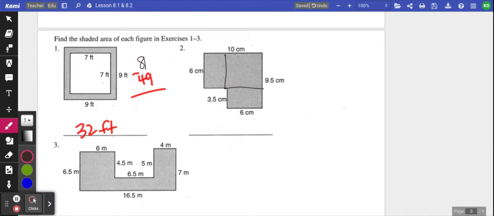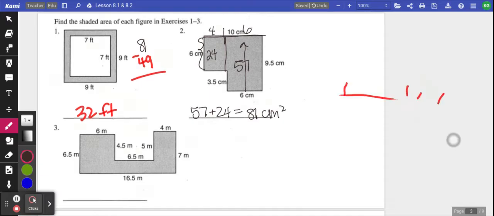It doesn't matter which way I split it. So I know that the height of this is 6, and I know that this entire length here is 10, and this much of it is 6, which leaves this much for 4. So this side is a 4 times 6, which is 24, and this other side is a 6 by 9.5, which is 57, and they are both shaded, so I'm going to add them together to get a total of 81 centimeters squared.